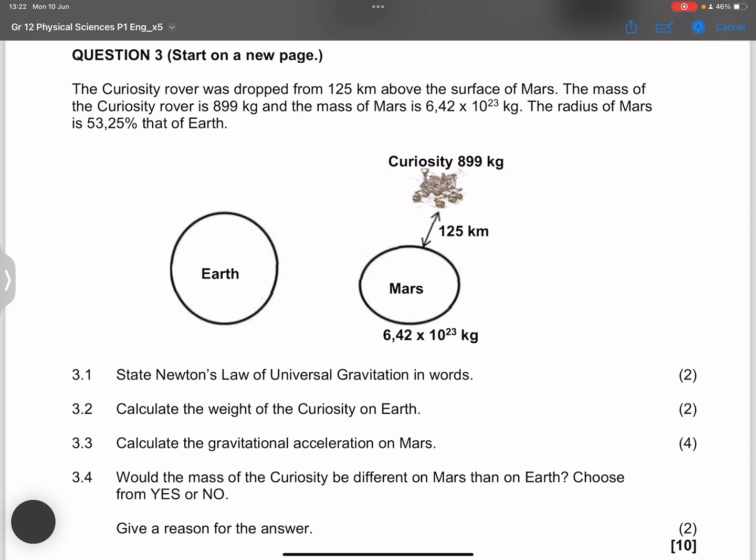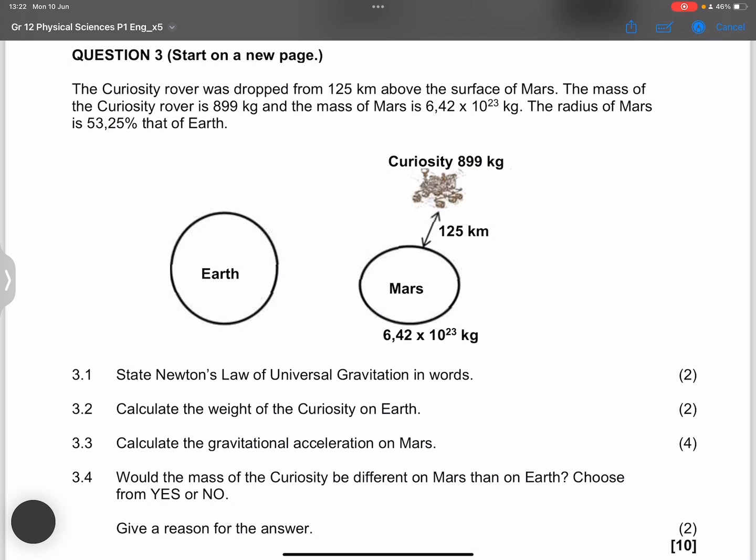Or you can say that the force of attraction between two bodies in the universe is directly proportional to the product of their masses and inversely proportional to the square of their distance apart from their centers. That sounds like a mouthful.